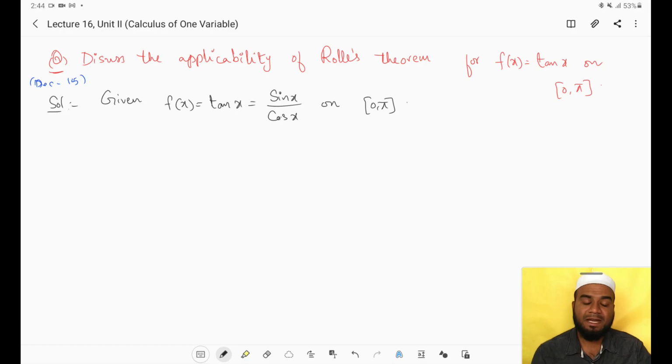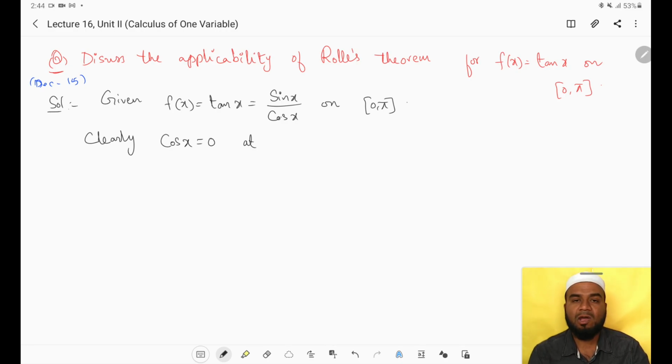So first condition is the continuity condition. Most of the functions asked in this type of problems will be discontinuous or will not be differentiable. So we have to verify all the three conditions, starting with continuity. Now if we observe clearly, we have to see where the denominator will be 0.